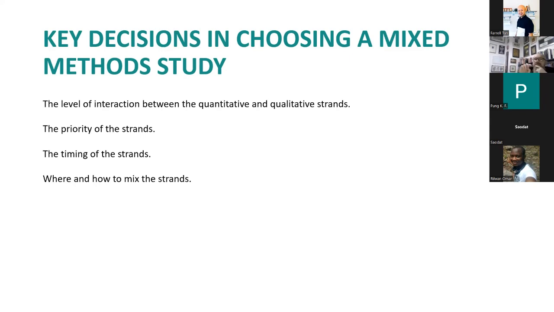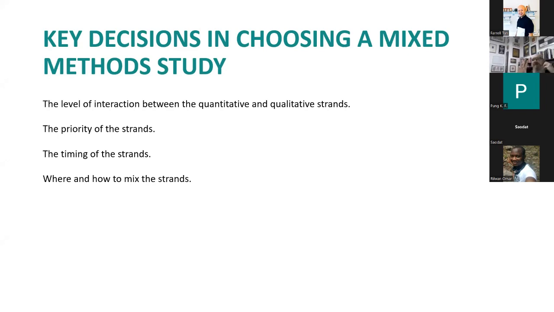Now, that also comes into the timing of the strands. Do I do quant first? Do I do qual first? At what stage in my research journey, at what stage in my dissertation, that 3 years, and I know everybody's different, so I'm just saying 3 years.